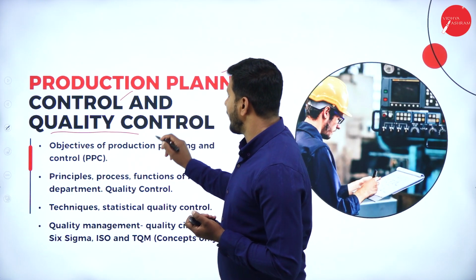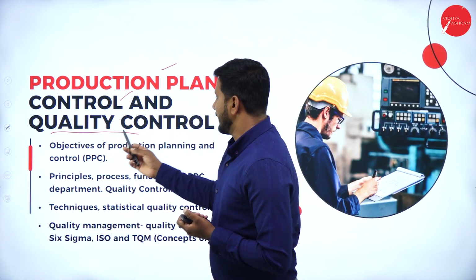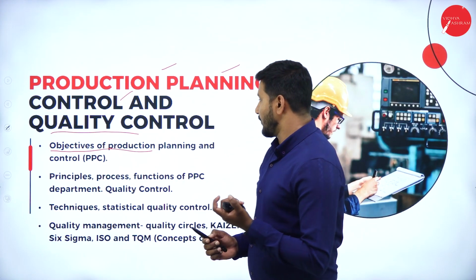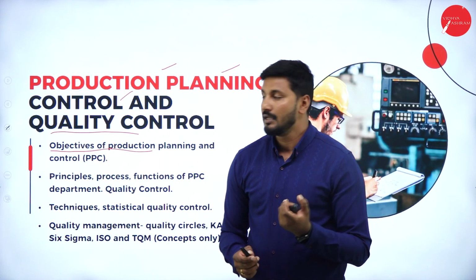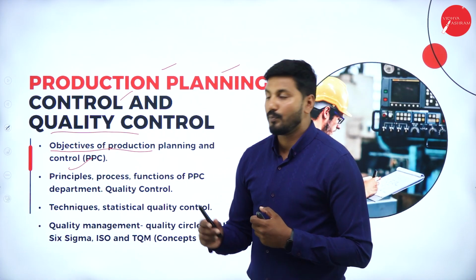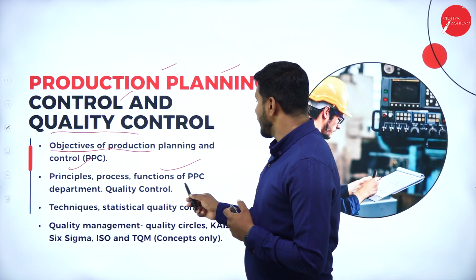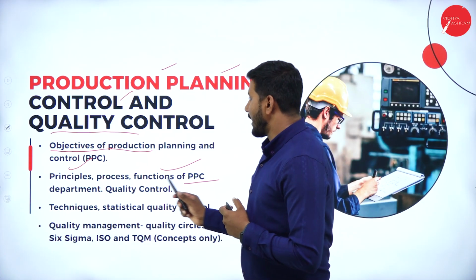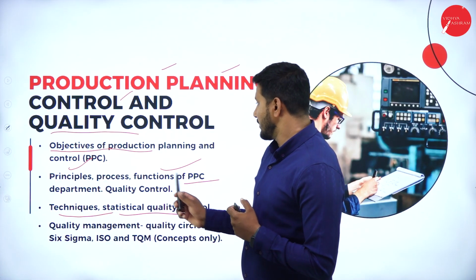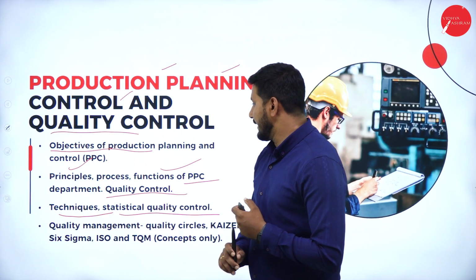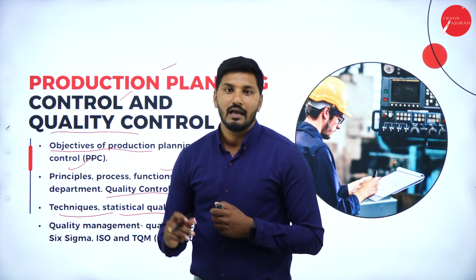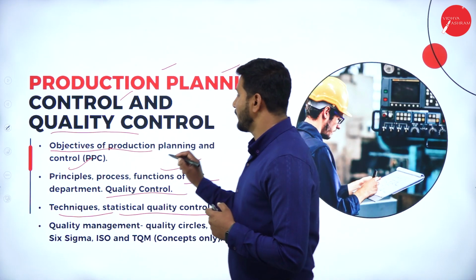In that, we'll know about the major objectives of production planning and control, along with the principles, process, functions of PPC, and techniques of statistical quality control. Quality control and PPC, that is production planning control, everything will be included in the fifth module.